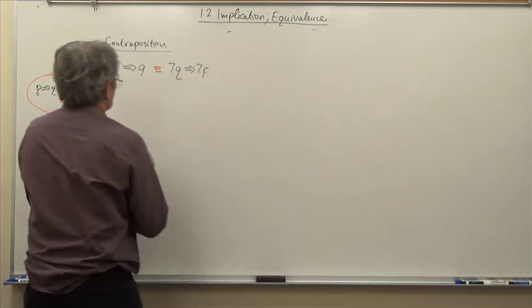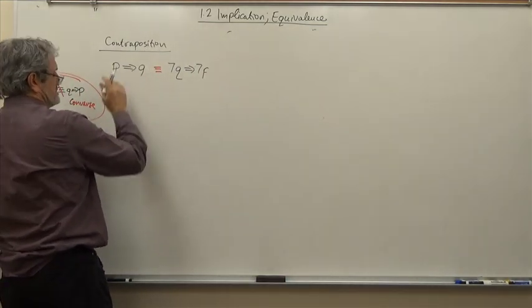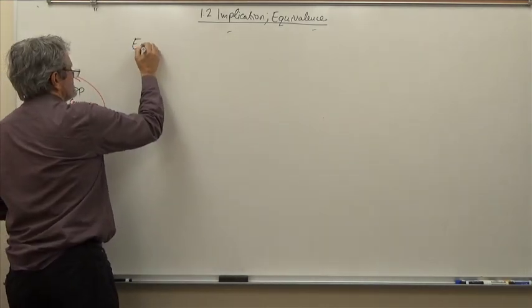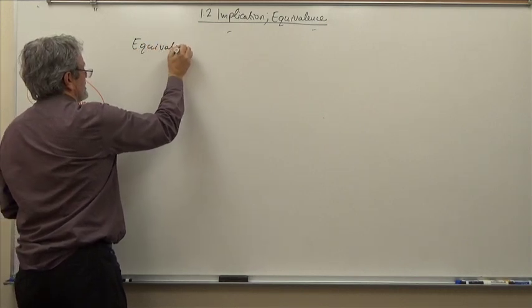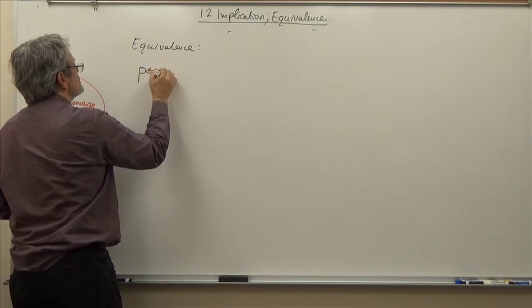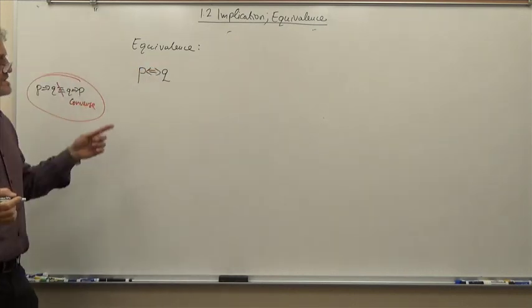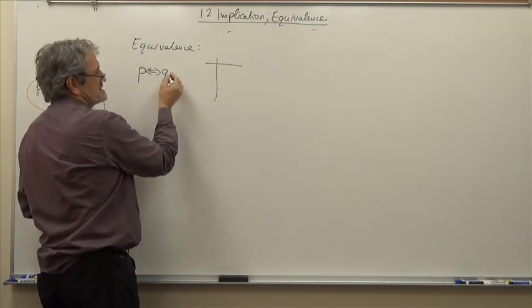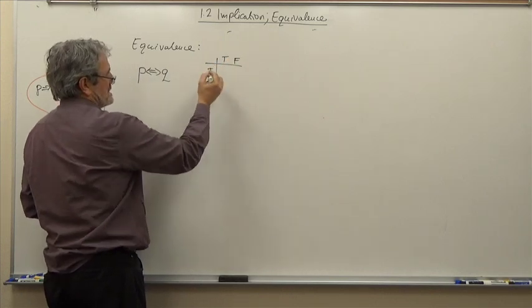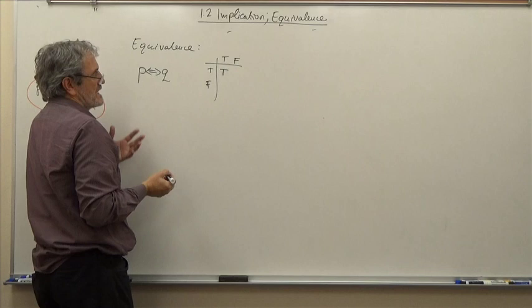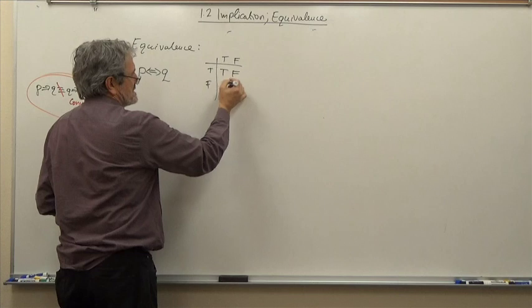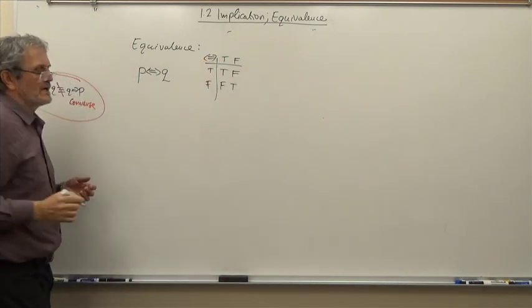This is the statement P is equivalent to Q. That means this is true if and only if they have the same truth value. So it's true if they are both true, so they are equally valid, or both false, and if they have the opposite value, it's false. This is what equivalence does.